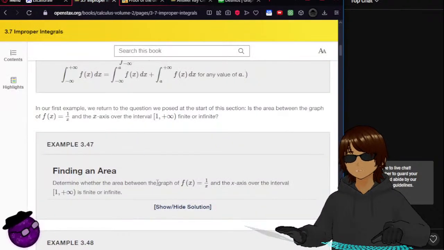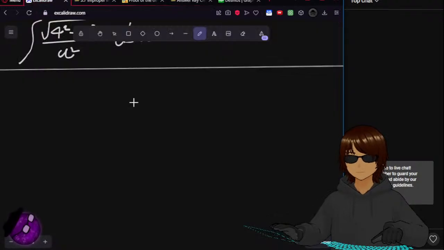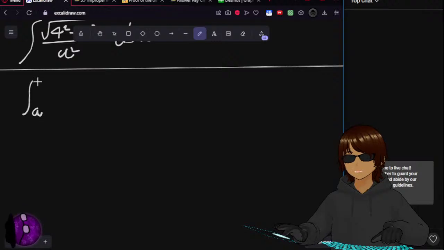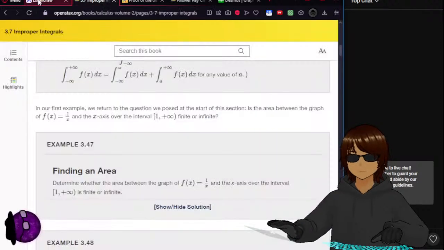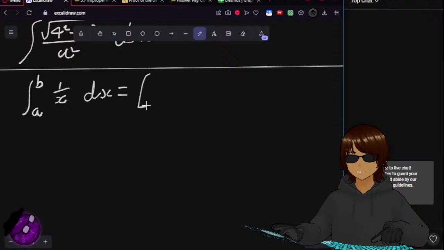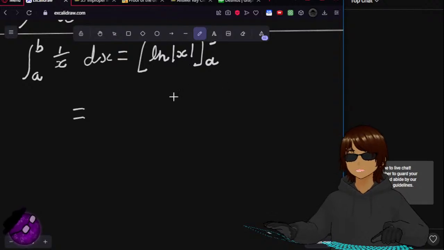Let's just take the integral from a to b of 1 over x dx. This will give ln of x from a to b. Then this will be ln of b minus ln of a.